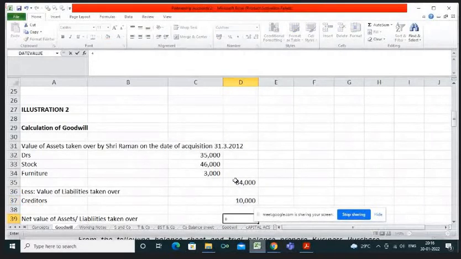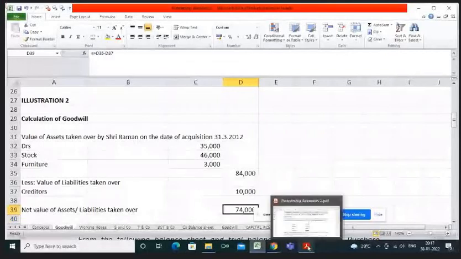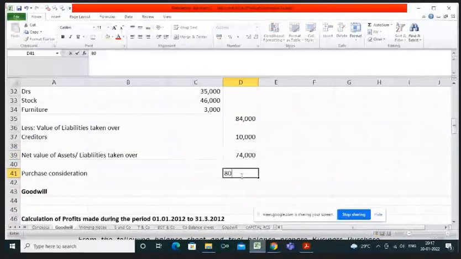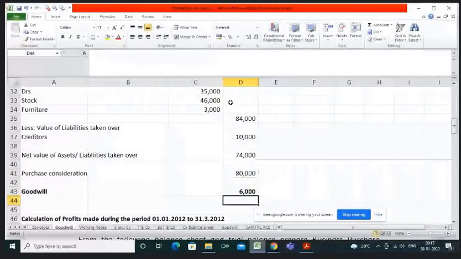So what is the net value of assets taken over? 84,000 minus 10,000. It is 74,000, the net value of assets taken over. But how much have we paid? We have paid an amount of 80,000. Net assets taken over 74, amount paid 80,000.